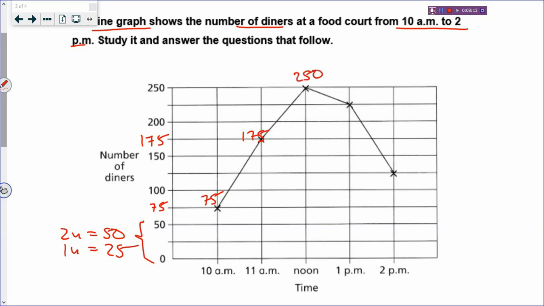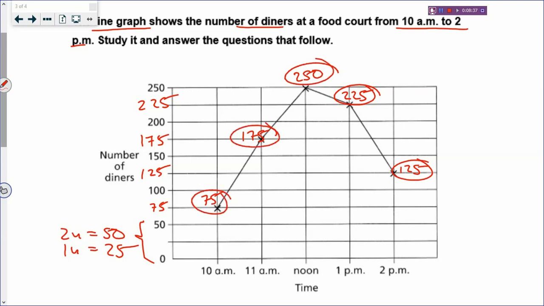And then your 1 p.m. is getting lesser people already. So you have to take 250 and minus 25. And at 1 p.m. you have 225 diners. And then at 2 p.m. you will have 125 diners.